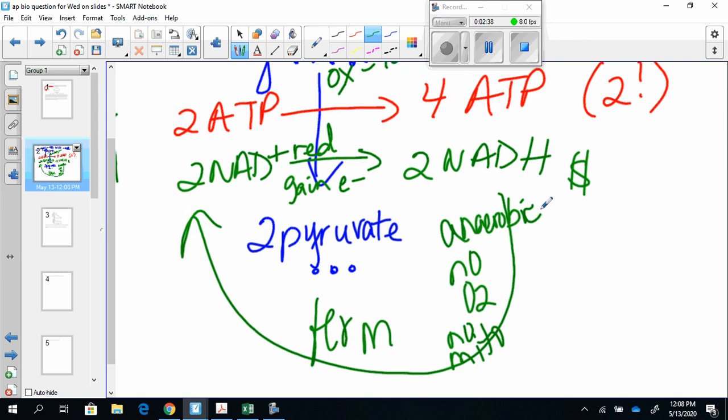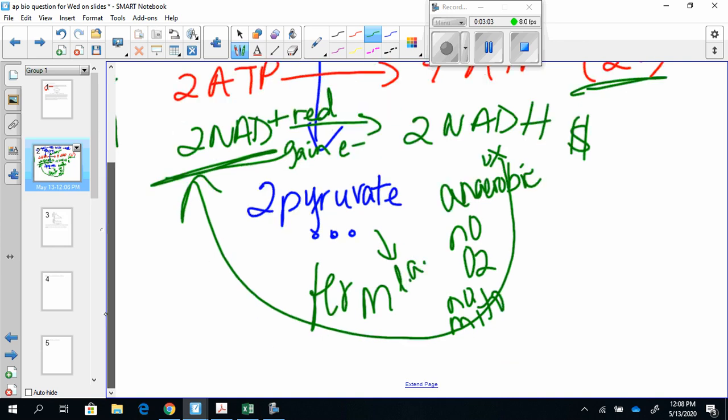So anaerobic means you take this pyruvate and you make it into lactic acid or ethanol based on what enzymes are available, but it does free up the NAD pluses again. So you are oxidizing your NADH, losing the electrons and making NAD plus so that at least you could go back, do glycolysis again and make 2 ATP again.